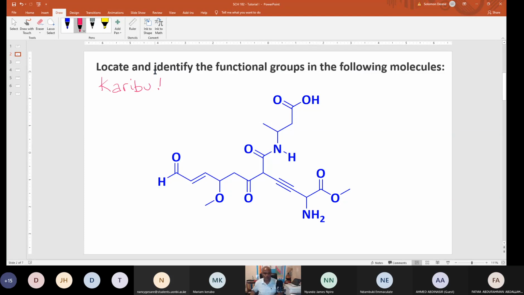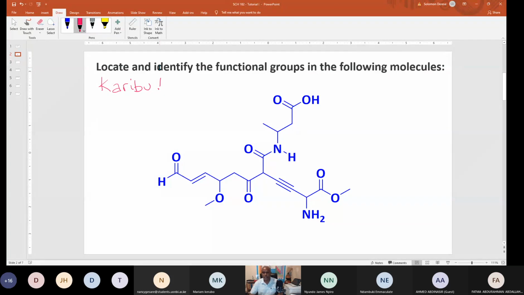Is one of the first things we learned when we defined organic chemistry. We saw that organic chemistry is the study of the chemistry of carbon compounds, and the number of organic compounds that are available is very, very many. As a result, the study of organic chemistry should be very difficult.